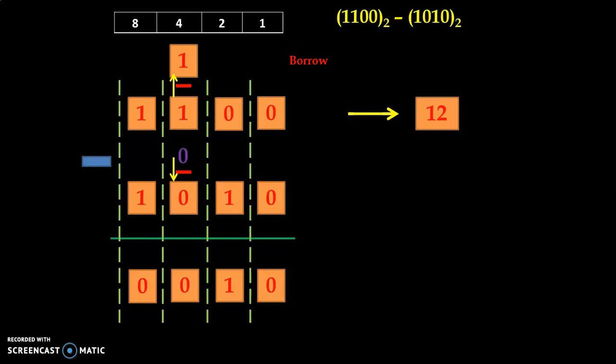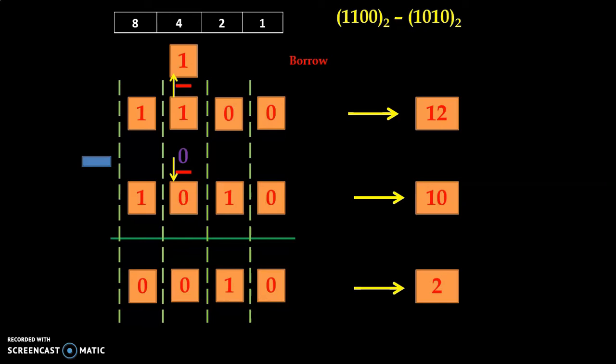Same way for 1 0 1 0, we have 1 at the 8 position and the 2 position. So 8 plus 2, so the equivalent decimal value is 10. If we subtract 10 minus 12, then in decimal we know that we have a value equal to 2. Now let us check with our answer in binary. We have 0 0 1 0.